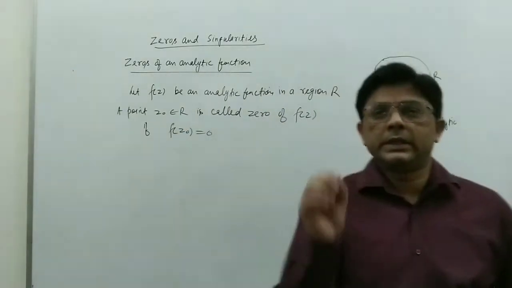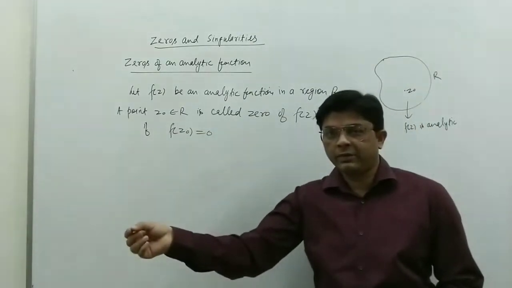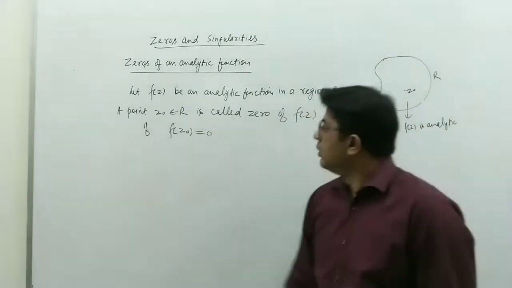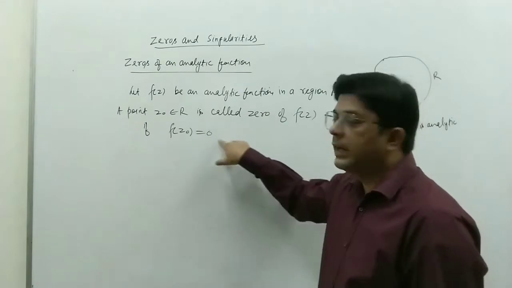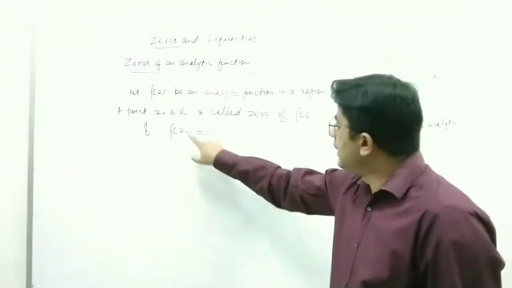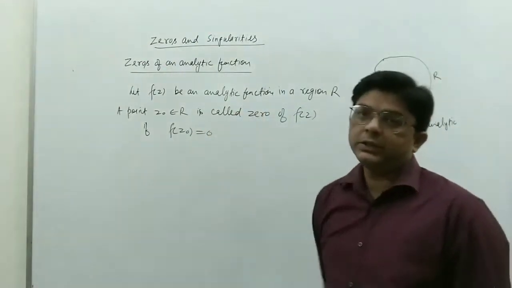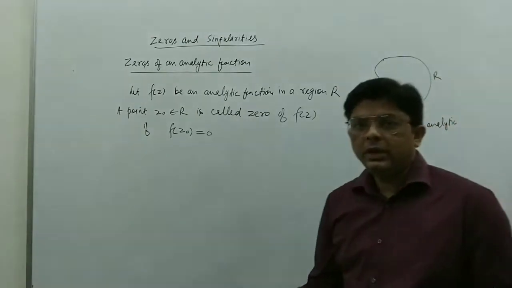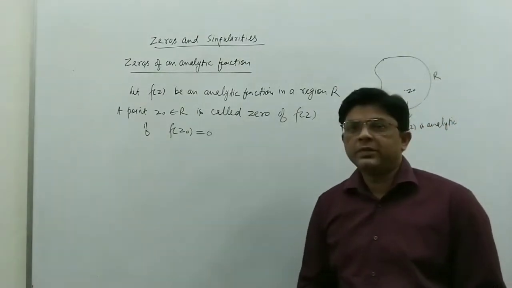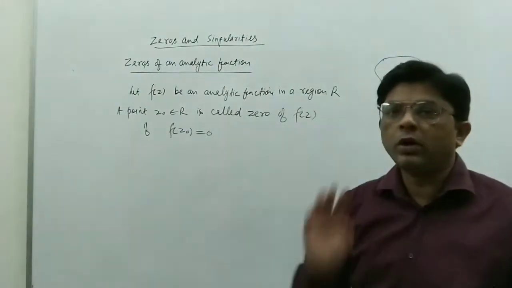So if we put z0 in the given analytic function and we get 0, then we say that this z0 is a zero of this function. This is simply a root, as we say that z0 is a root of the given function.